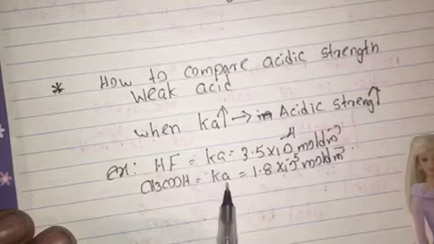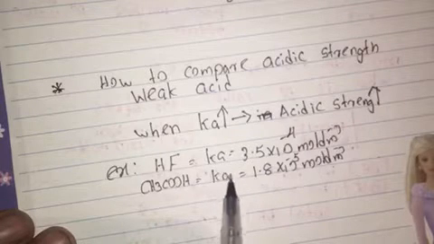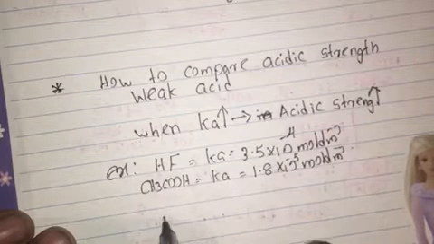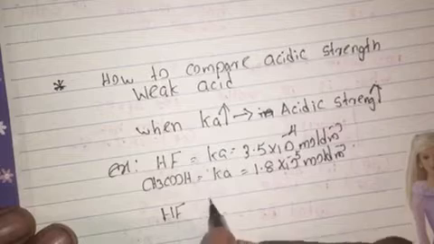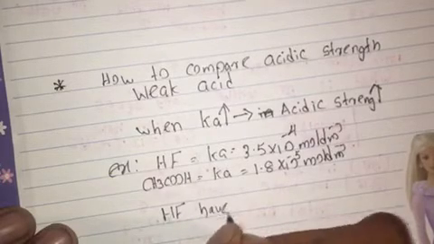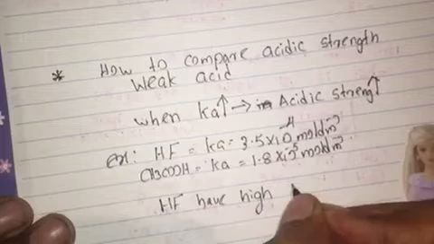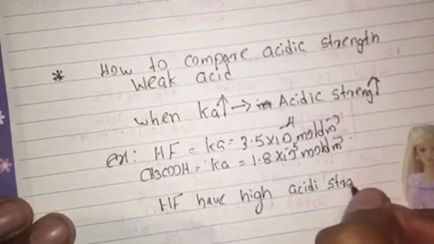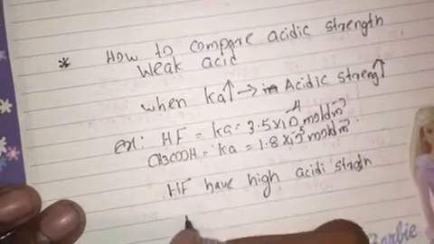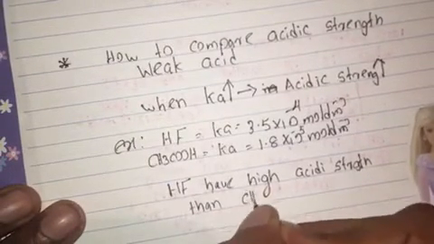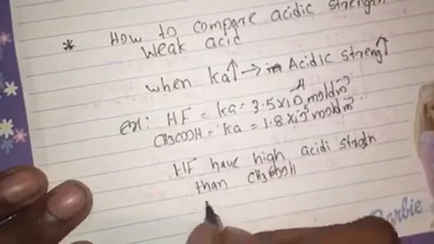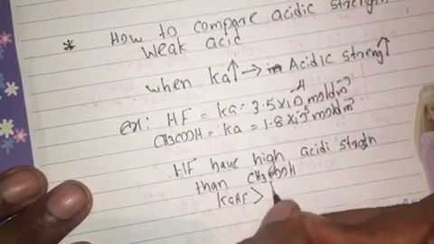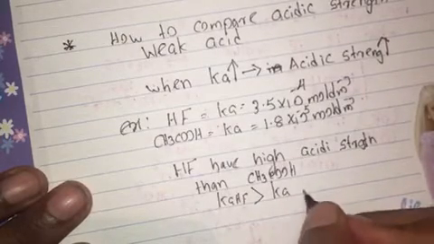Which one has the higher acidic strength? HF has higher acidic strength than acetic acid. Why? Ka of HF is larger than Ka of acetic acid.